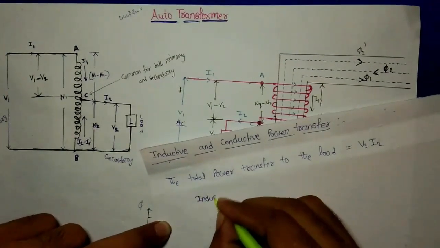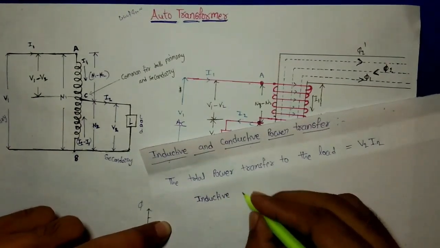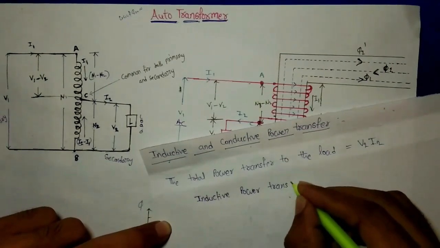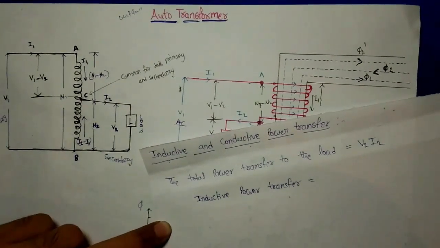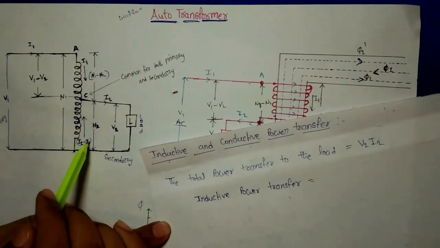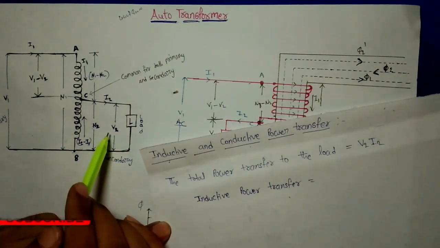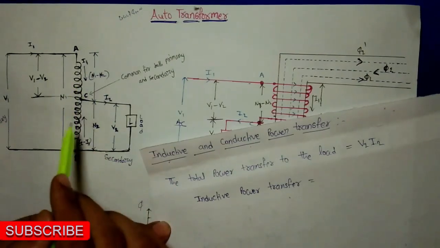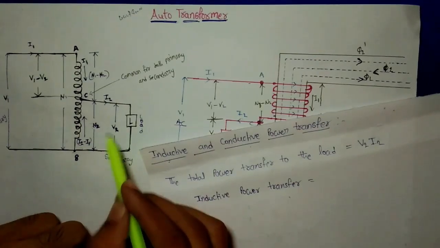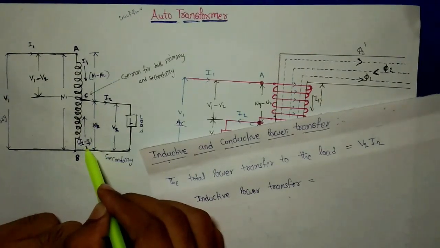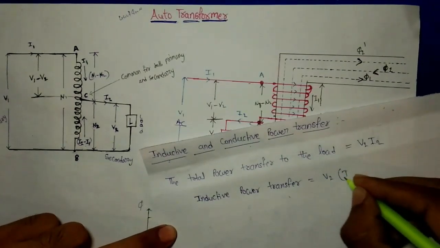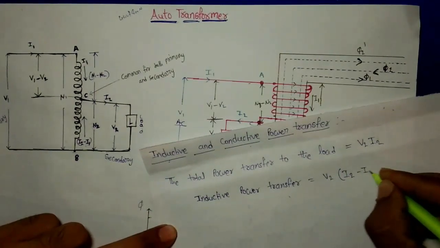Inductive power transfer is equal to, power means product of voltage and current. Here we observe the power is transferred from this to this, that is called inductive power. So it is V2 into I2 minus I1.